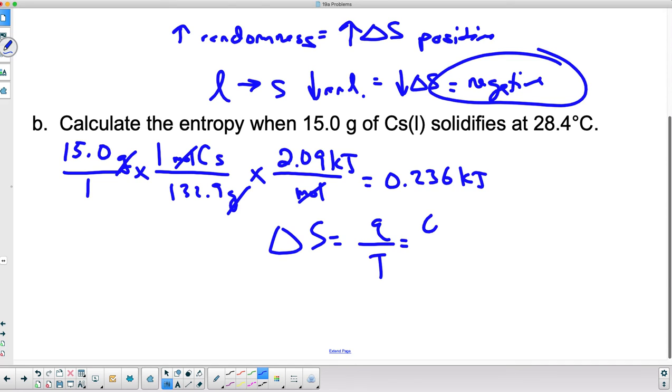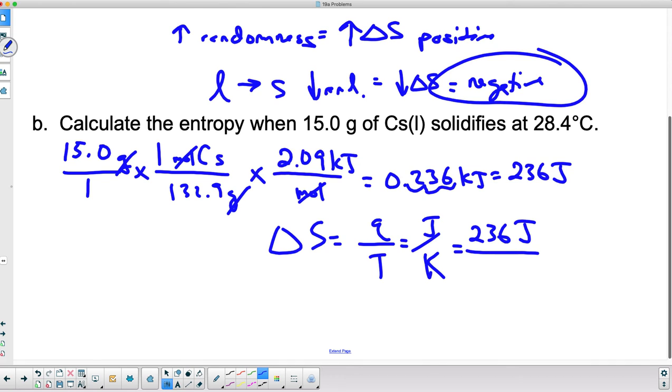Almost always we're given Q, in this case measured in joules, and that will be per Kelvin. So I'm going to change this right here to 236 joules. 236 joules divided by, now we need to change this, 273. You can do 0.15, although I probably wouldn't.